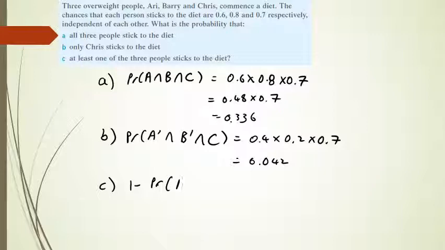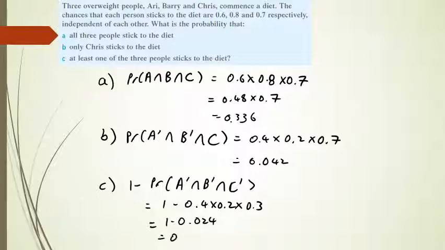So, because all of them have to add up to 1, we just do 1 minus all of them not sticking to the diet, which is 1 minus 0.4 times 0.2 times 0.3. 4 times 2 is 8, 8 times 3 is 24, so 1 minus 0.024 is 0.976.